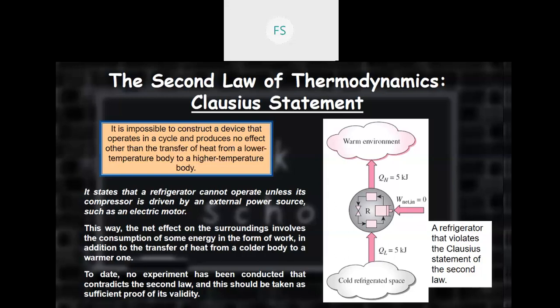Here, the Clausius statement is the second statement of the second law of thermodynamics. Clausius concluded that it is impossible to construct a device that operates in a cycle and produces no effect other than the transfer of heat from a lower temperature body to a higher temperature body.